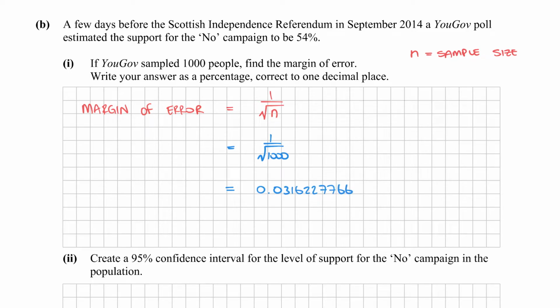They wanted us to give our answer as a percentage correct to one decimal place. So to write that as a percentage, we just multiply it by 100. That would be equal to 3.162277766. To get one decimal place, we go back one, draw an imaginary line, and look at the number that follows. So my answer there would be 3.2.